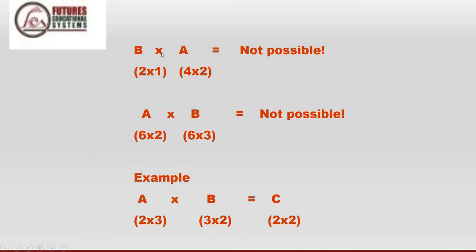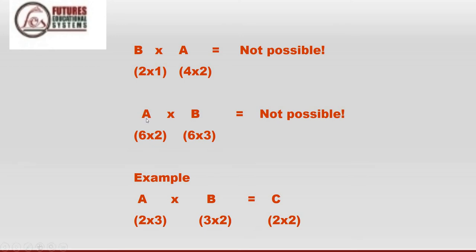If we have two matrices B and E, matrix B in order 2 by 1, matrix E in order 4 by 2, it is not possible, because the columns of the first matrix don't equal the rows of the second matrix.